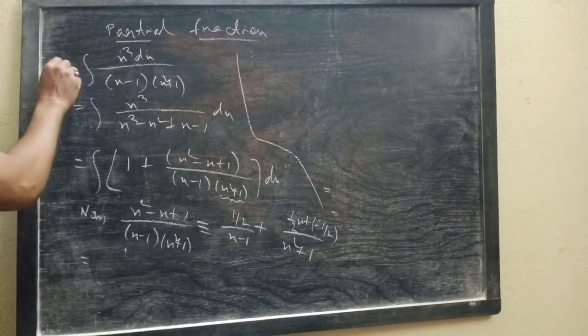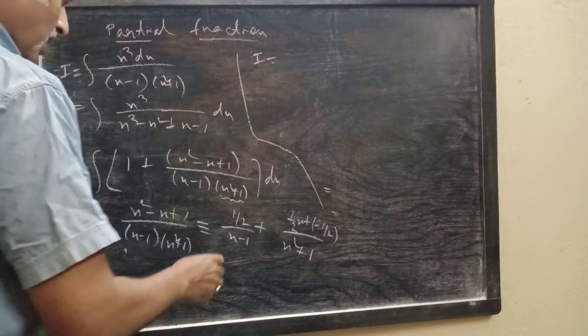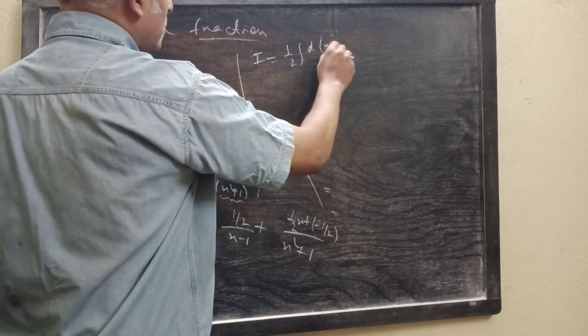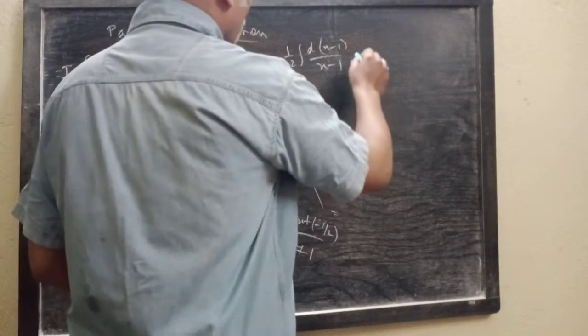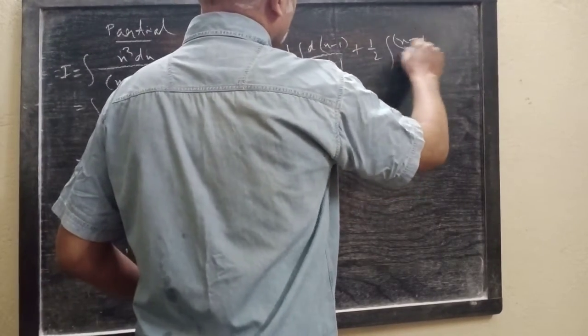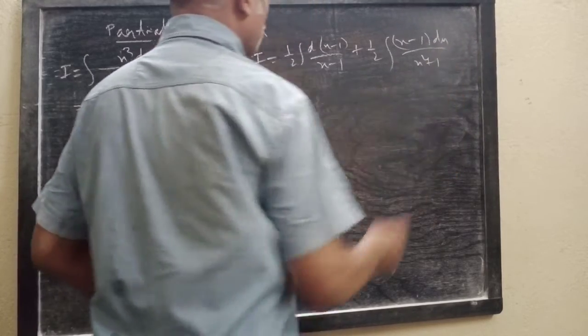If we consider the integral as I, then I will be equal to half integration d of x minus 1 by x minus 1, plus half integration x minus 1 dx by x square plus 1.